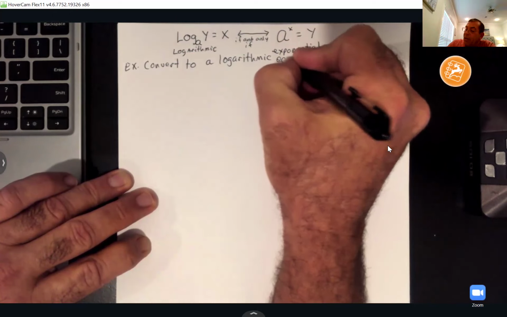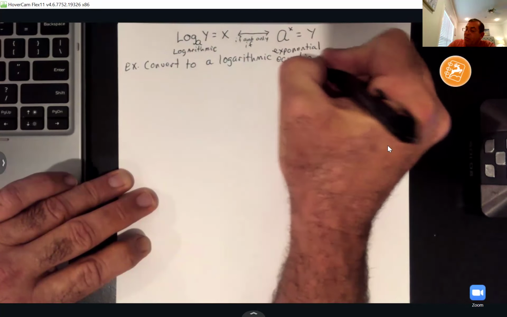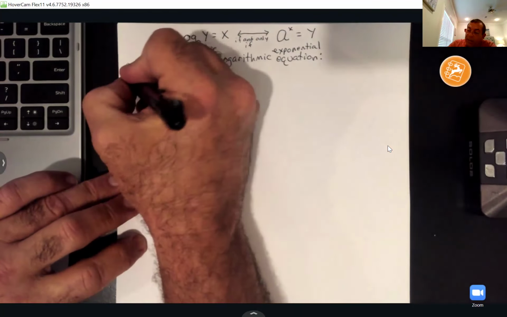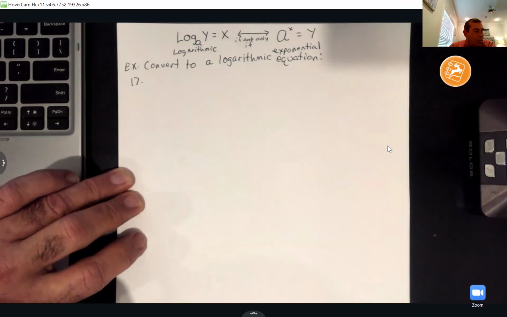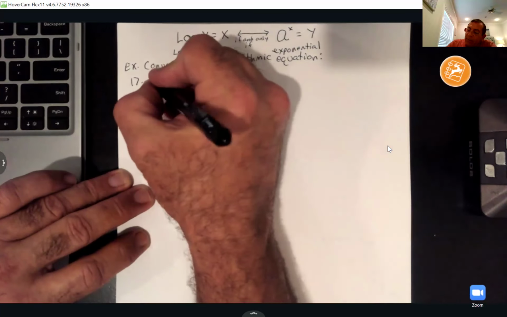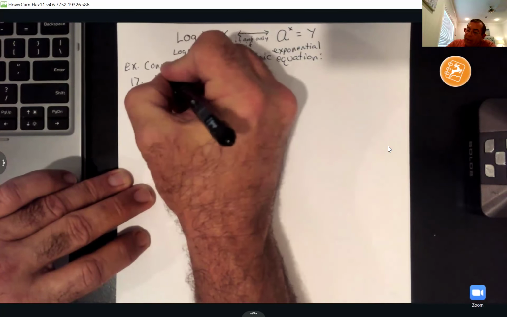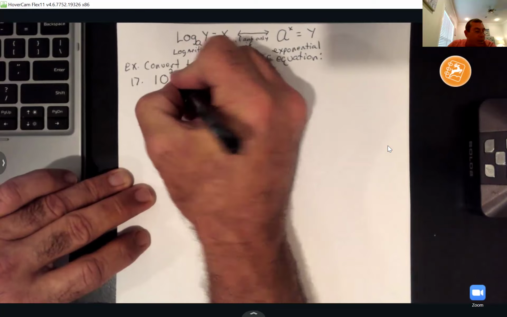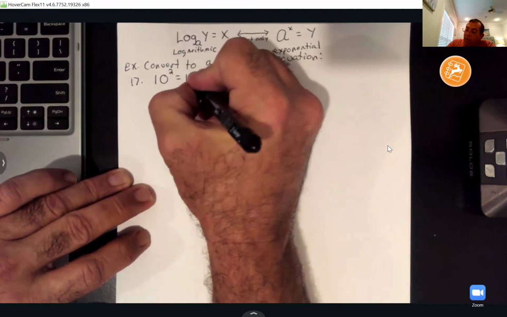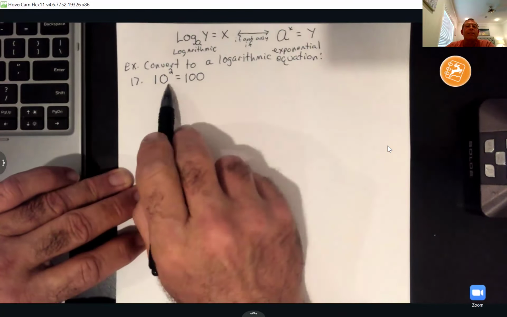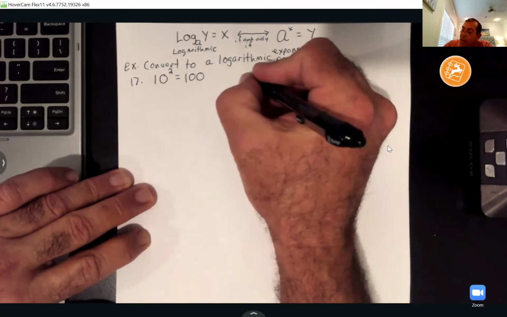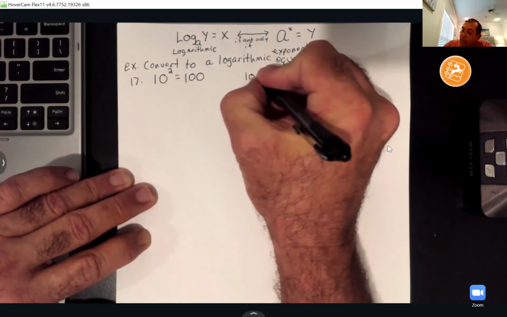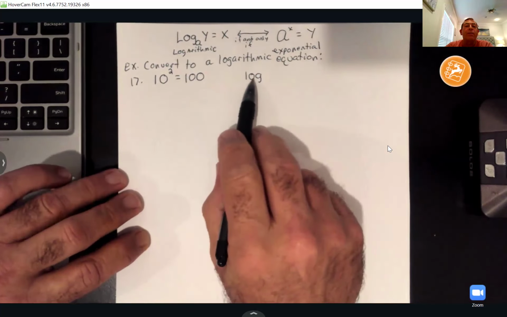Now remember, they're going to give me the exponential. So these will be like 17 through 20 or so. So they're giving me 10 squared equals 100. That's the exponential. So for my answer, logarithmic, well, I got to write log first.